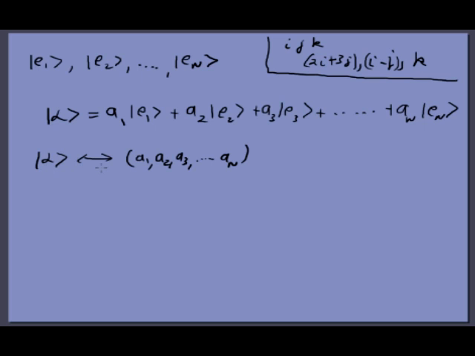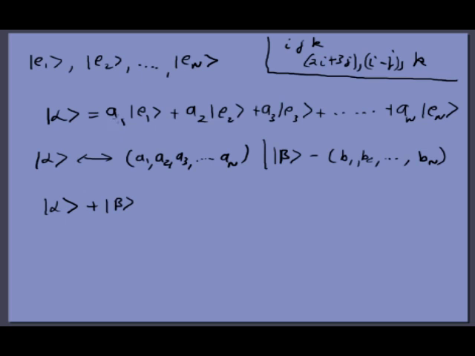And once you have that, you can also see what the familiar operations will be in terms of that. For example, if you wanted to add two vectors alpha and beta, where alpha is a1 e1 plus a2 e2, and similarly beta has an n-tuple of scalars b1, b2, ..., bn. That would be b1 e1 plus b2 e2 plus b3 e3.